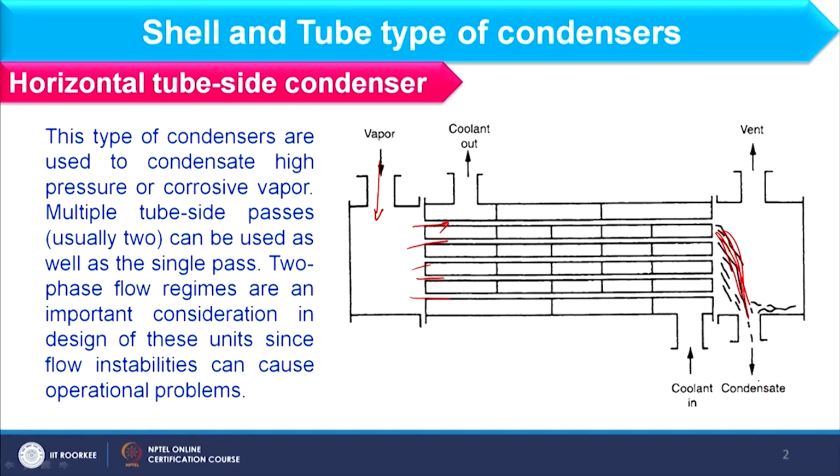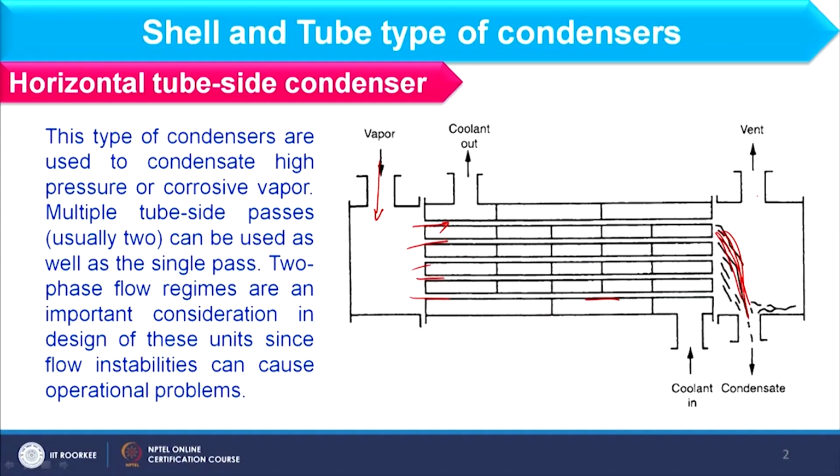As far as baffle positioning is concerned, this is a normal baffle with a horizontal cut. In the horizontal shell side condenser, baffles usually have a vertical cut because of the vapor movement. But here, where condensation is occurring in the tube side, the shell side structure is the same as in a normal shell and tube heat exchanger, so we have a horizontal cut in the baffles.